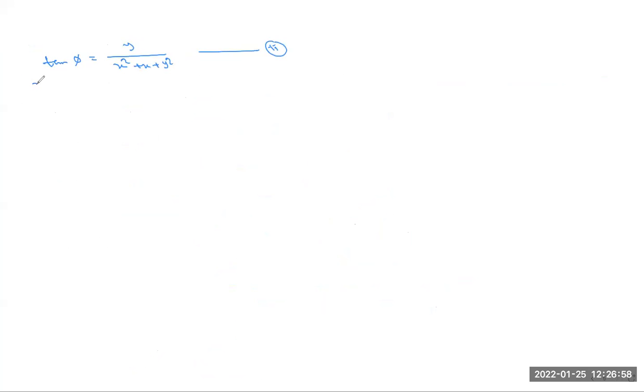Now substitute tan phi equals n in equation 2. So the equation is coming: n equals y by (x squared plus x plus y squared).